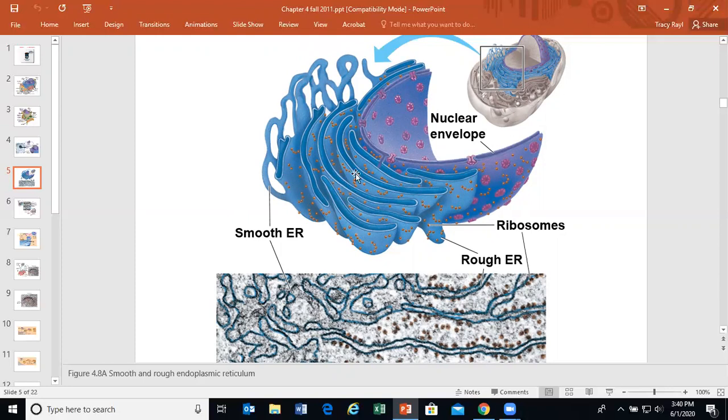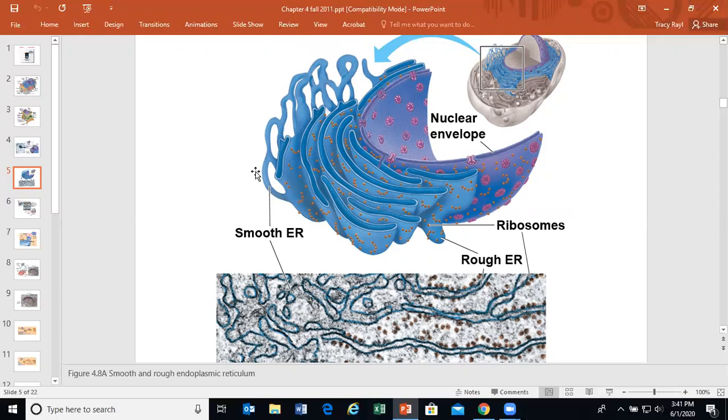So how do you delineate rough and smooth ER? Well, it's the presence or absence of ribosomes. So the rough ER has these ribosomes attached to it. The smooth ER does not. So that's how we tell the difference. And location. So rough ER, again, is right up against the nuclear envelope, where the smooth ER is to the outer edge.